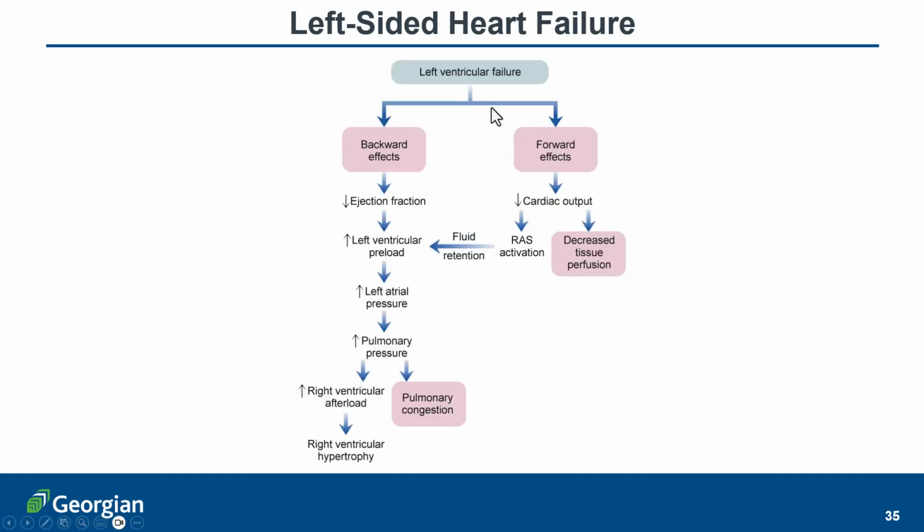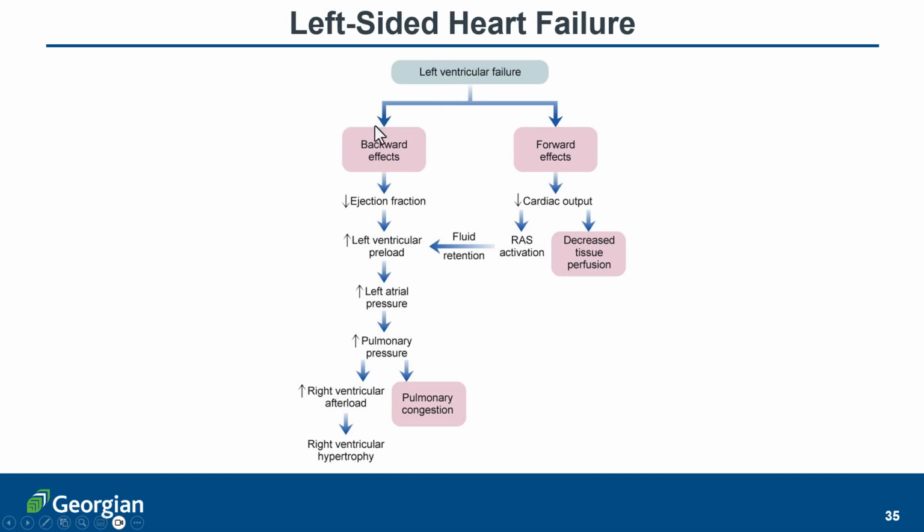So here it is in flowchart form. You have left ventricular failure because of a myocardial infarction affecting the left ventricle wall. That leads to the forward effects of a reduced cardiac output, resulting ultimately in decreased tissue perfusion. So organ functioning is going to be affected, obviously. That we already talked about, the compensatory responses: increased activation of the sympathetic nervous system, increased activation of the renin-angiotensin-aldosterone system, which leads to increased fluid retention, which leads to increased preload.